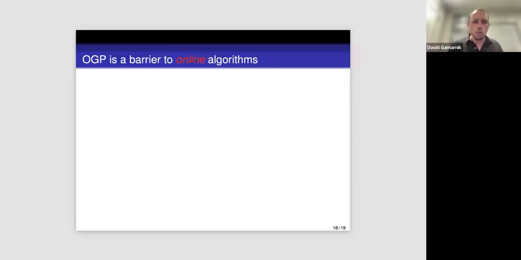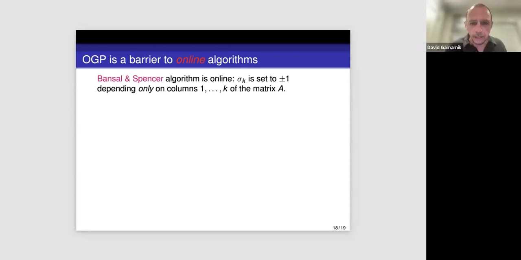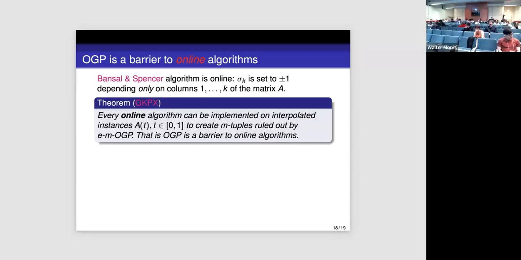It's a feature. So what? That's just saying what I already said: it has an online feature. Well, the workaround was to realize that, in fact, online algorithms are also barred by the multi-overlap gap property. And that's a theorem.